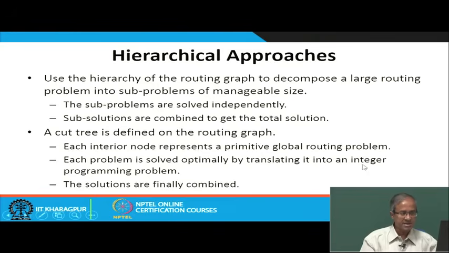We shall see later how the routing problem can be translated into an integer programming problem. The advantage of integer programming is that you are mapping it into an optimization problem which you are solving using some available solver tool. Once you get a solution, you are guaranteed to get the best solution, but the problem is that you cannot use it to solve large problem instances.